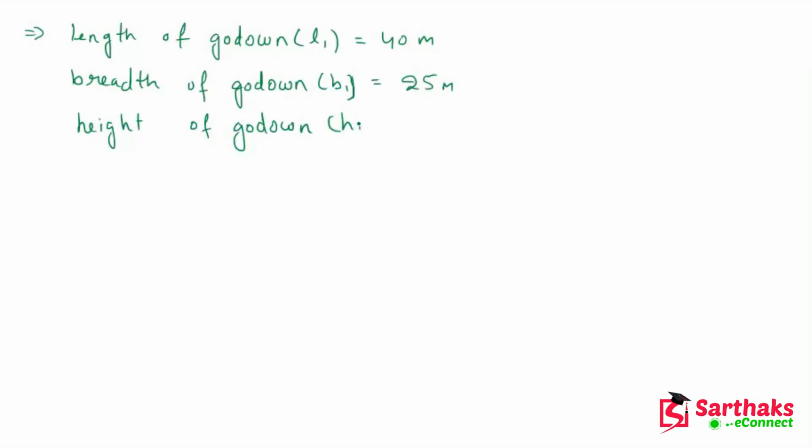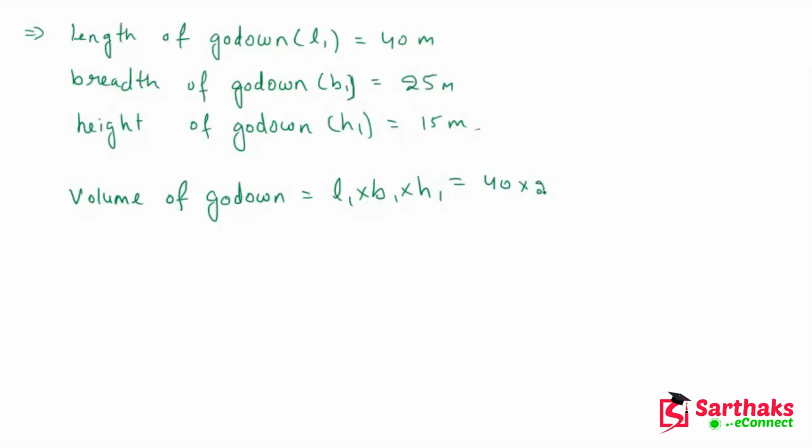Let's suppose this is H1. This will be 15 meter. Okay, now volume of godown is equal to L1 into B1 into H1. So this is equal to 40 into 25 into 15. Okay, after solving this, here we get 15,000 meter cube. I hope you understand these things.